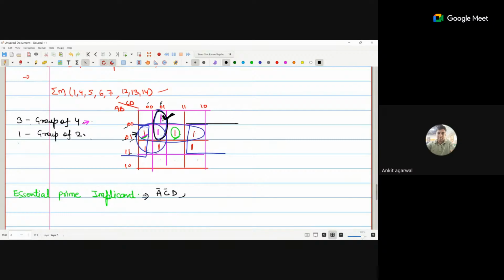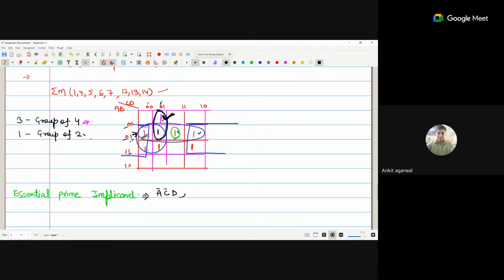Now this one is included in this group of four as well as in this group of two, so it will be included in two groups. This one is included in a group of four and another group of four, so that is not considerable.